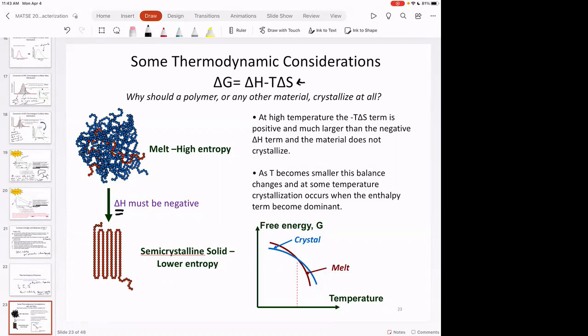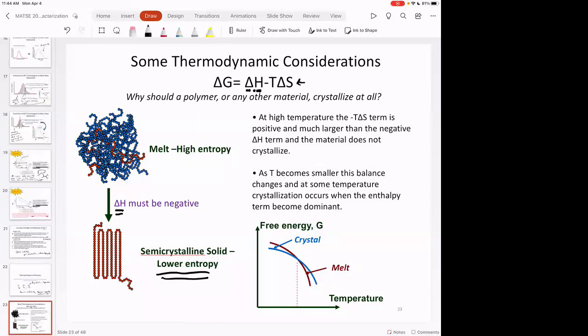And that delta H is the driving force because the crystal is lower entropy. And nature does not really want to go to lower entropy states unless something is given back. And that something is the heat of crystallization, right? So crystals just don't form spontaneously.